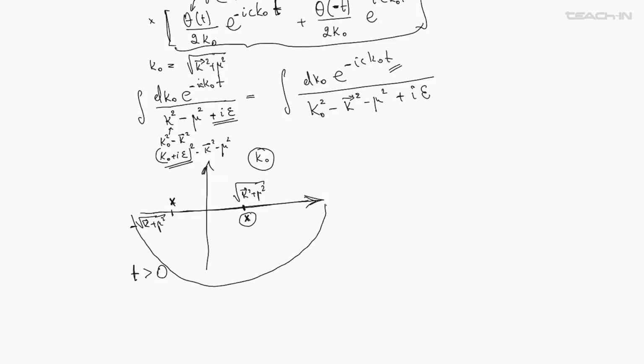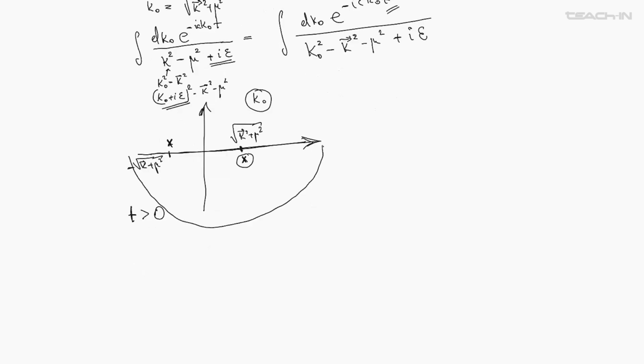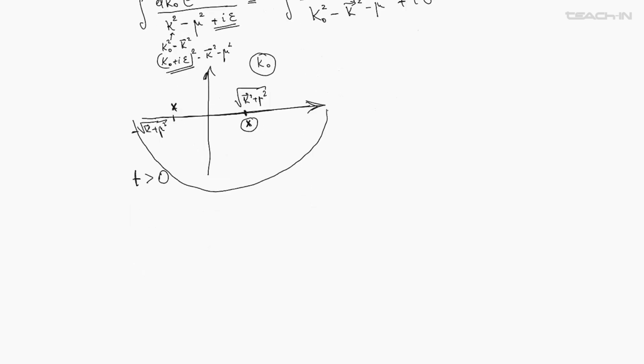So if you now look at this integral, dk0 exponential minus I c k0 t divided by k squared minus mu squared plus I epsilon, then I again split the denominator into simple poles and the expression with simple poles.